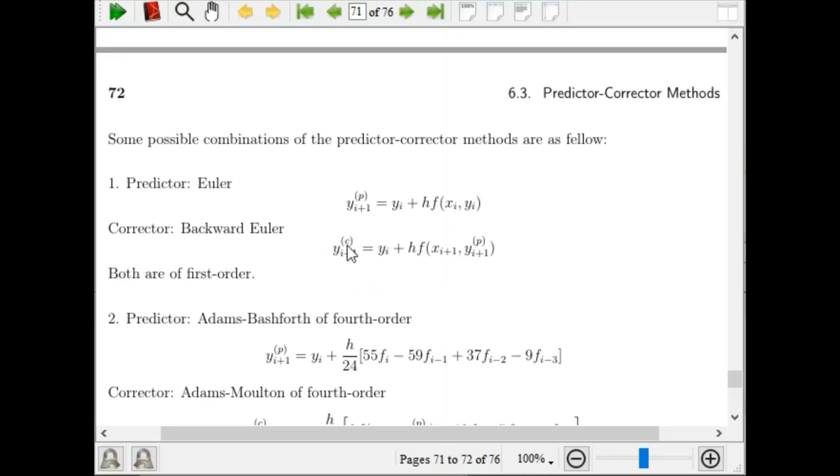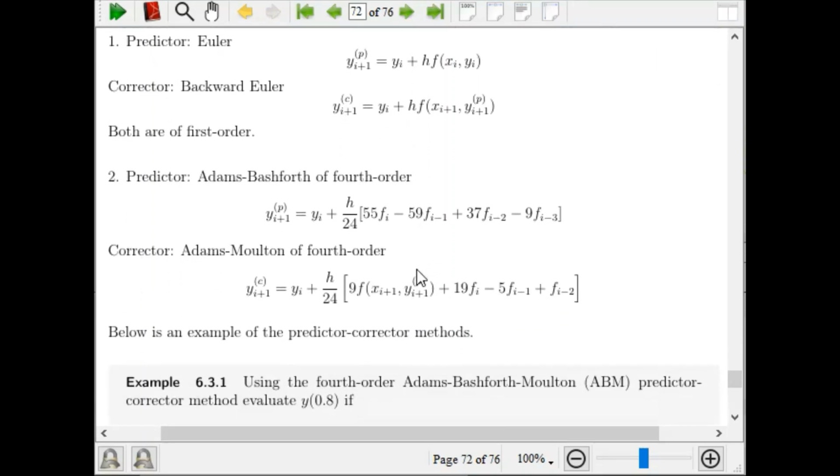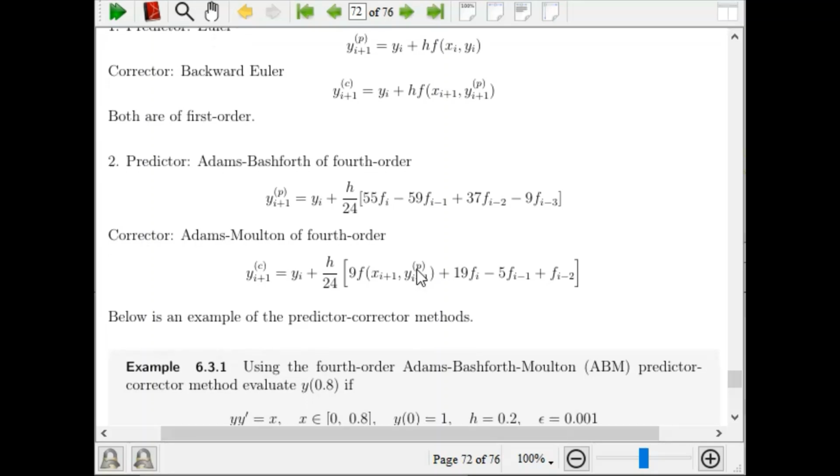You may have to continue with several of these, where this C keeps moving like that as an iterative procedure to fine-tune your solution until the required accuracy criterion is satisfied.